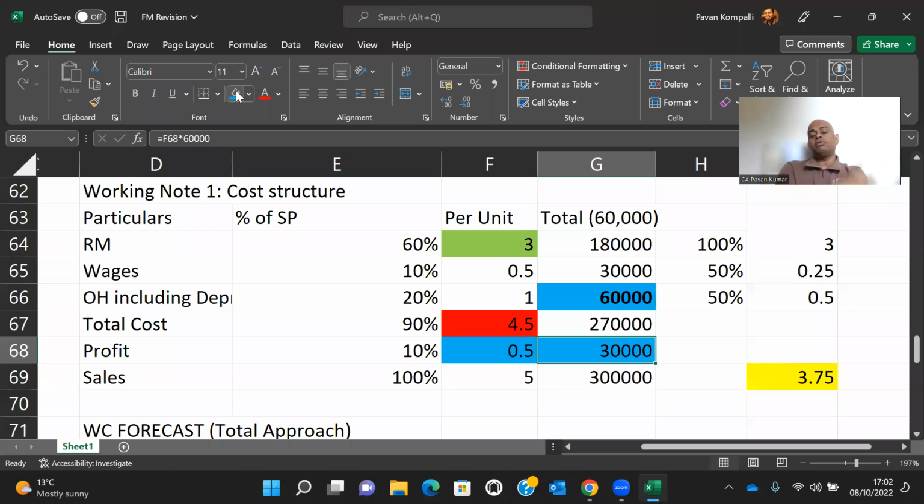No, not required, because that is going to be my profit. So working capital is required for this 2,70,000, not for this 3 lakhs. So simple cash cost approach says, eliminate profit, eliminate depreciation.